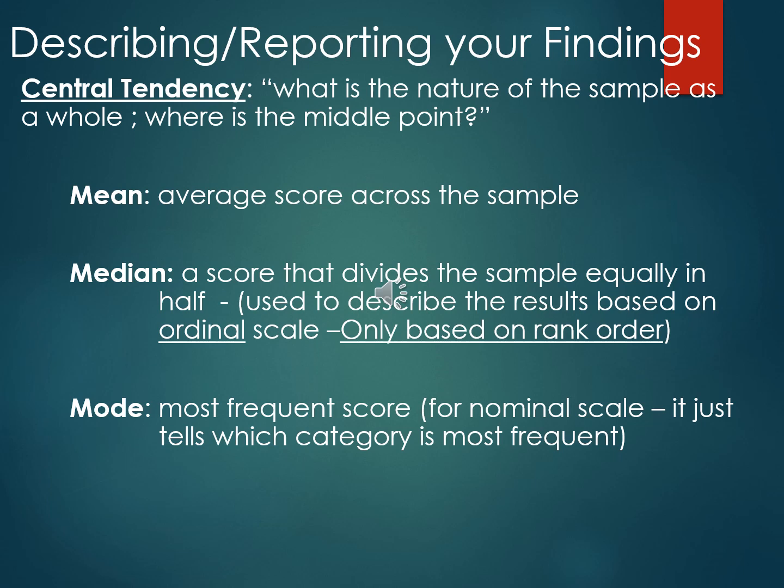Central tendency. This is a complete recap of statistics. Mean is the average score across the sample. Median is the score that divides the entire data set into equal halves. Mode is the most frequent score.